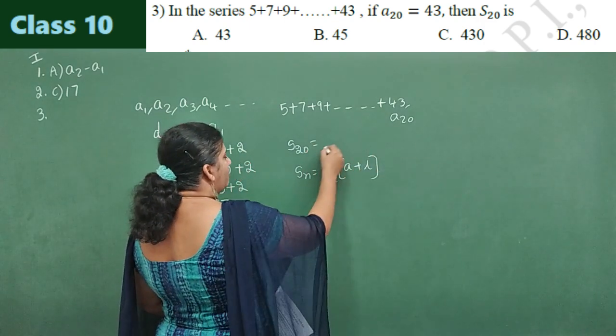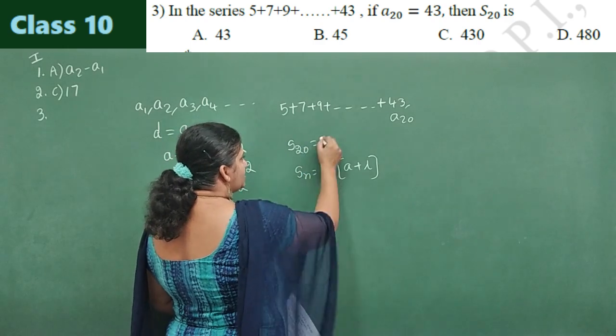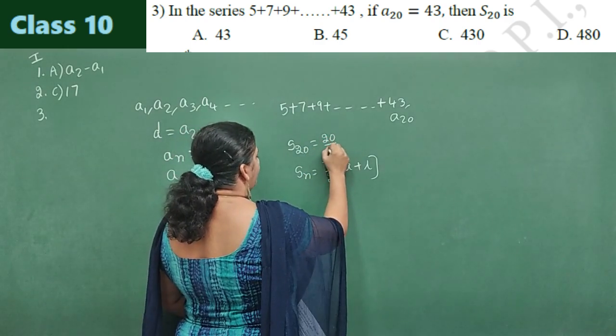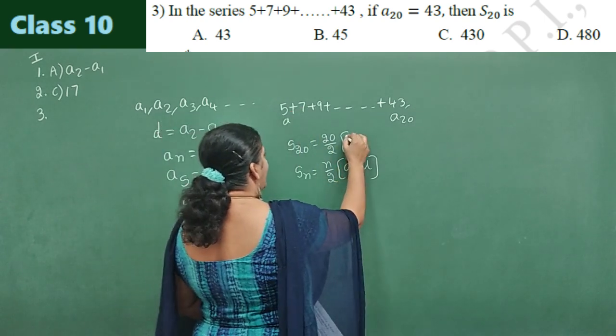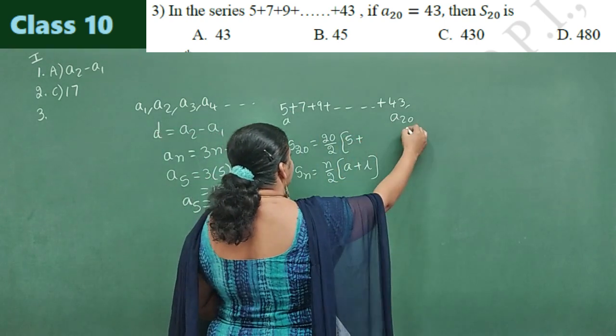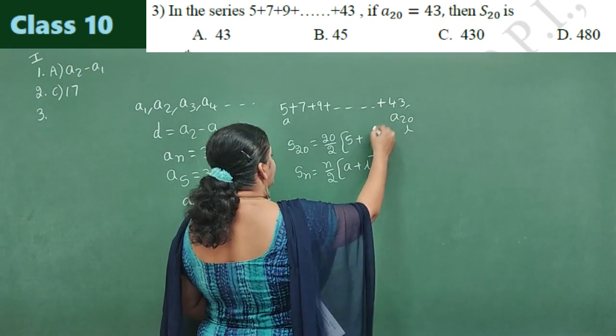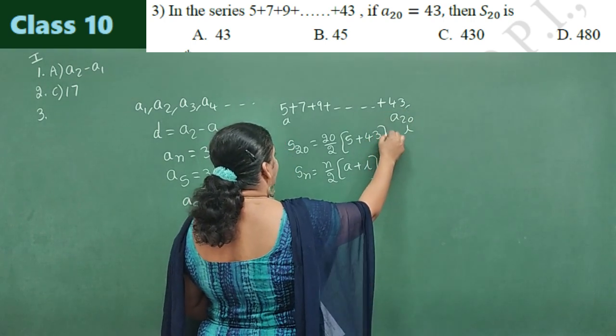Okay. Same formula, substitute here. N value is 20. 20 by 2 into A. This is A value 5. An is nothing but L, and this is 43.